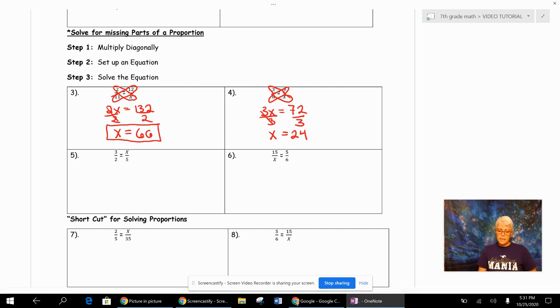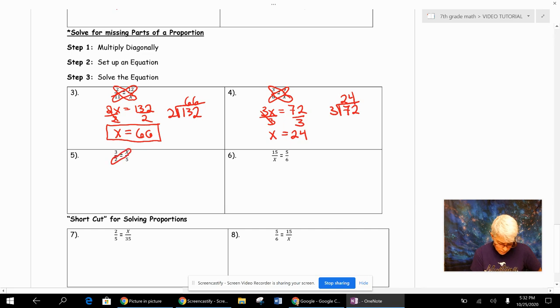But go ahead and catch yourself up. The process is the same. Again, top in the box is where I got the 24. Or on this one, 132, top in the box is where I got the 66. Top in the box. Next one.